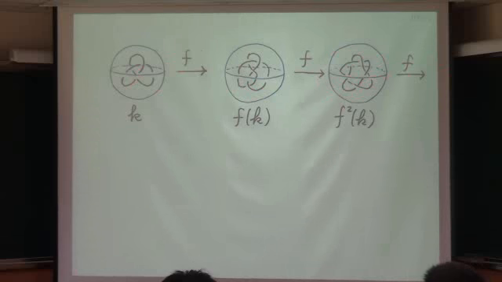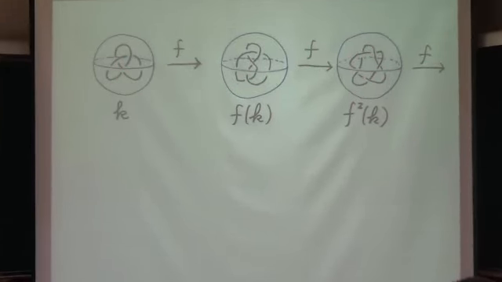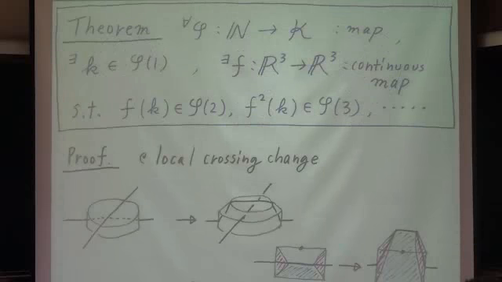So in such a way, F can be defined as a continuous map from R3 to R3. Then F satisfies this property.